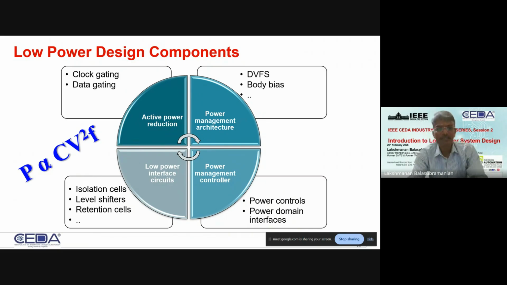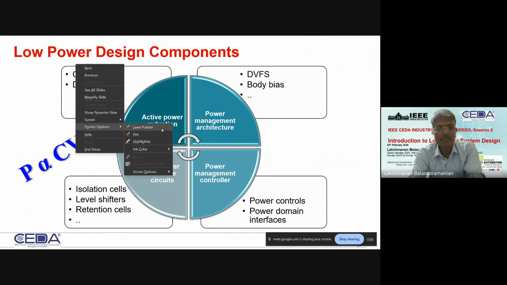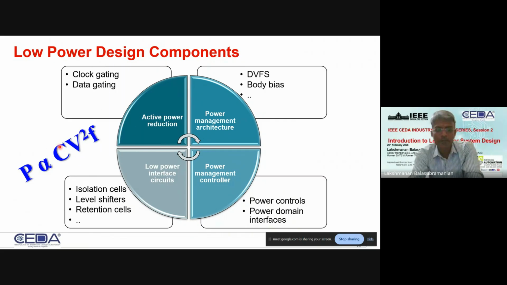Right? Given this, what are the things that we can now control for power reduction? You can either reduce the overall capacitance, you can reduce the voltage level, or you can reduce the activity factor. Right? So there are various techniques to deal with them. Clock gating and data gating is a factor.